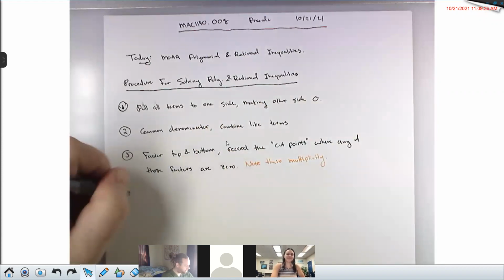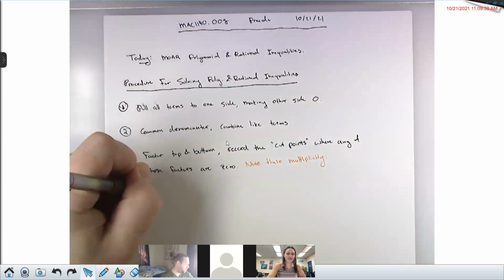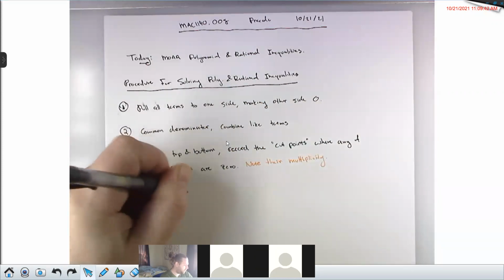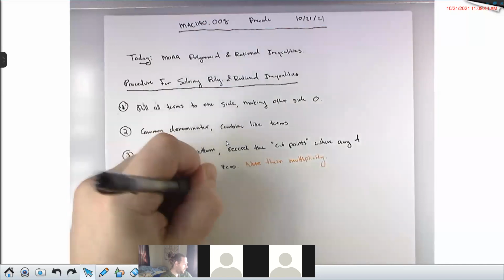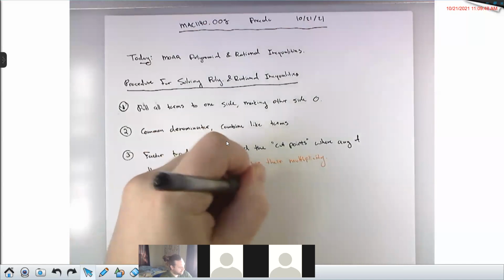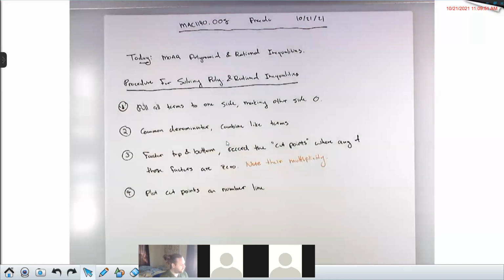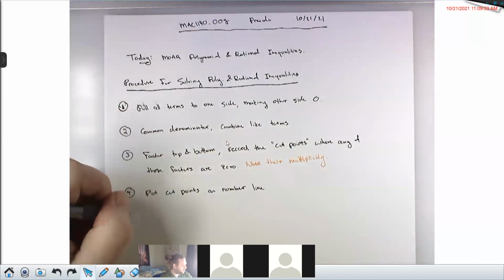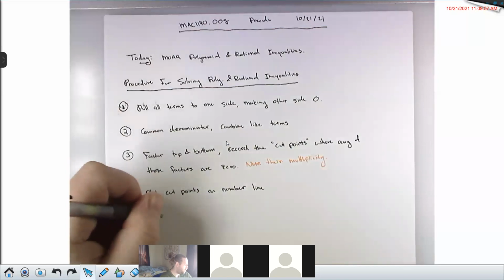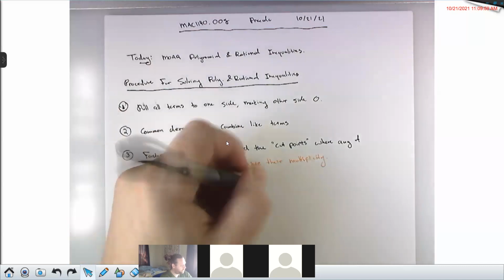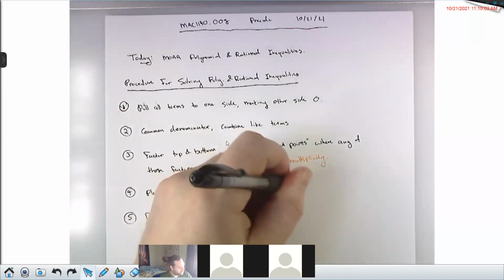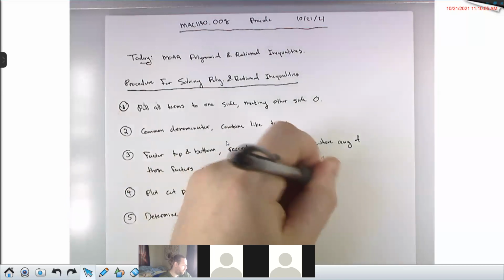Your next step is to make a number line. You're going to plot those cut points on a number line. That splits the line into regions.